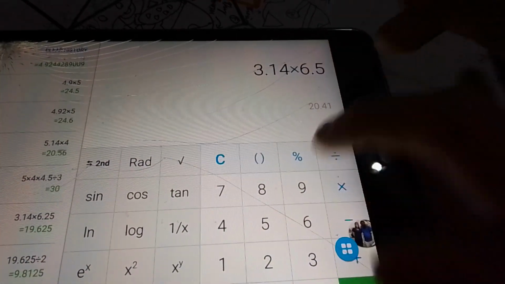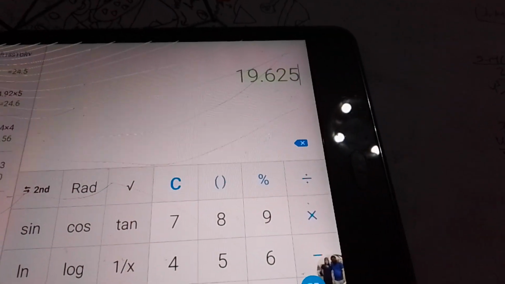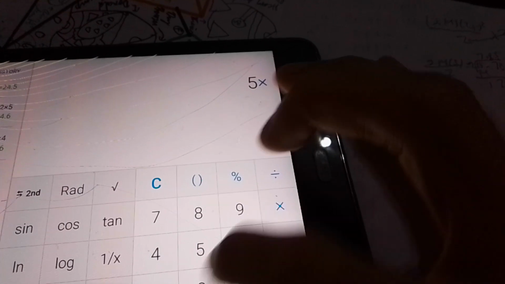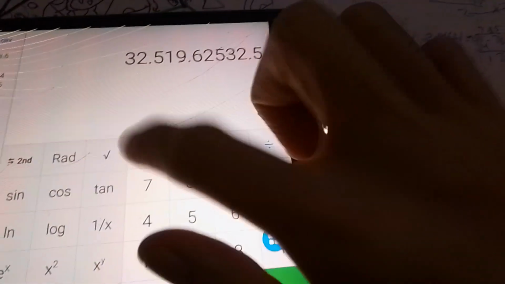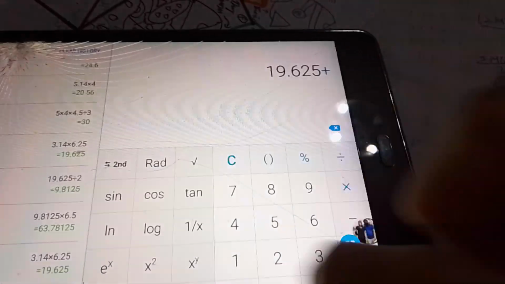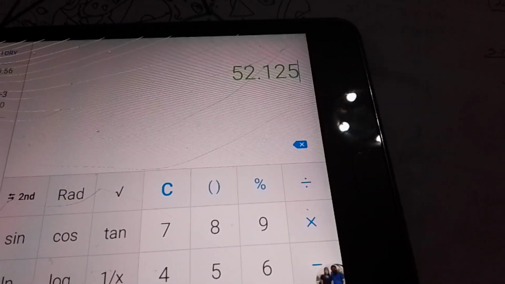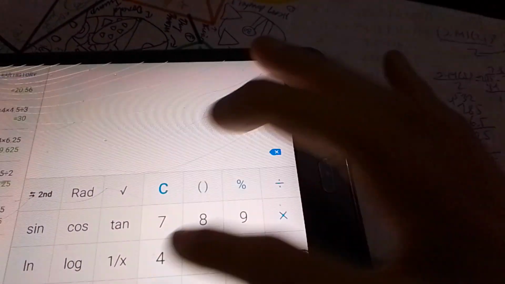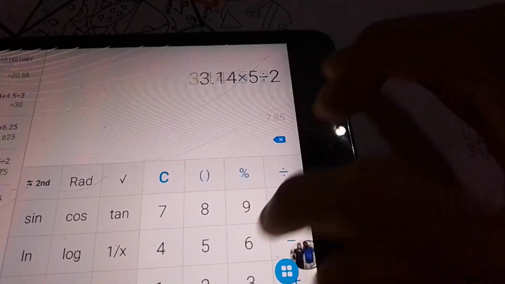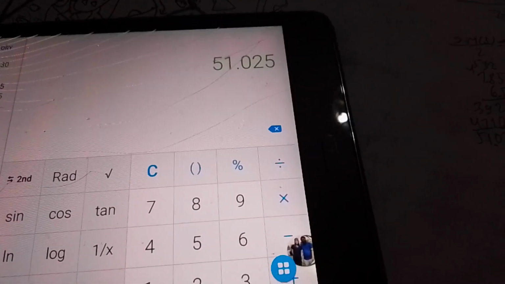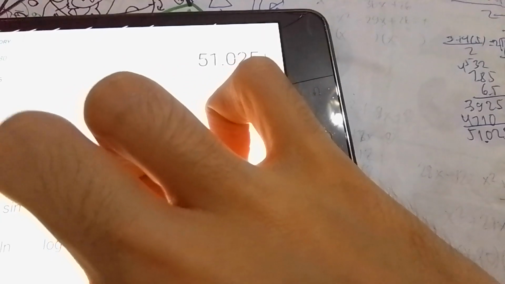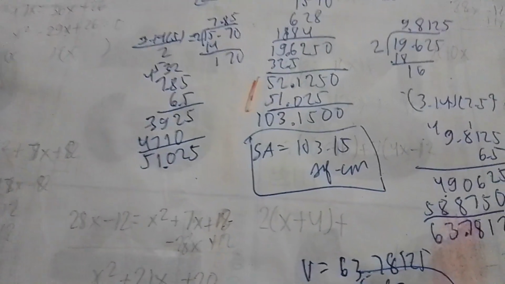For the surface area, 3.14 times 6.25 equals 19.625. And then plus the rectangle, 5 times 6.5, 32.5. When we sum this up we should get 52.125. And then remember the curved part, 3.14 times 5, divided by 2, times 6.5. Yes, we should get 51.025. Added up with this, that's our surface area. And that's it.